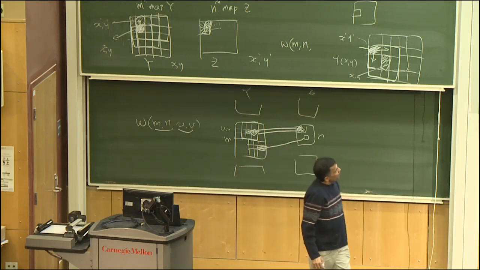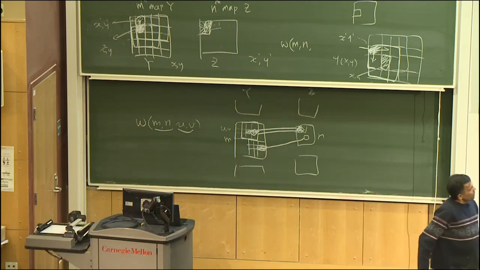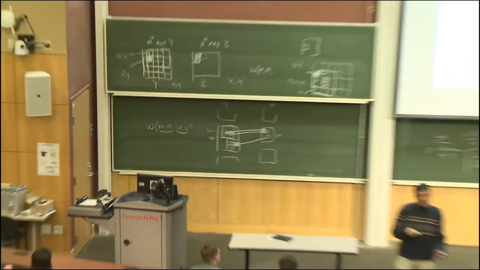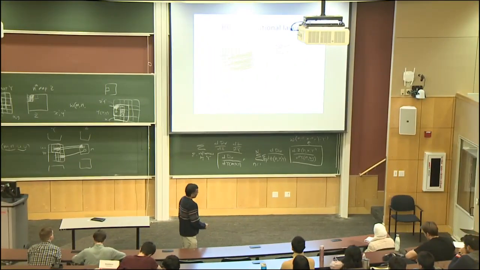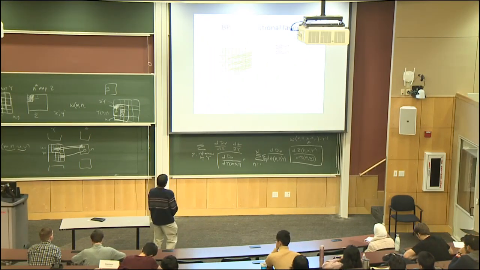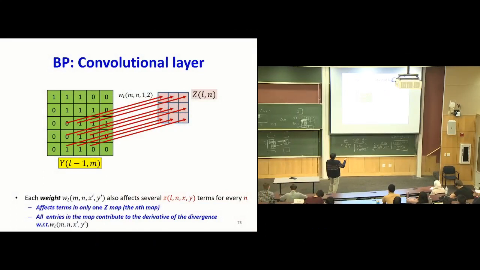So what we find is that each weight influences several z terms, but it only affects the z's in one map. But here is the thing, right? If I want to compute the derivative with respect to the weight, it influences all of these z's, and so I have to add the contributions to the derivative of the weight from all of these z's.